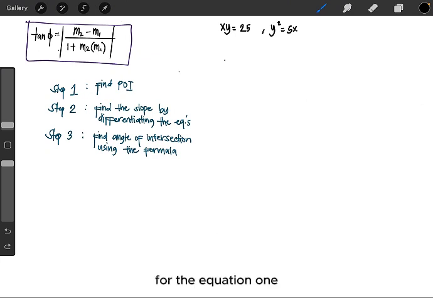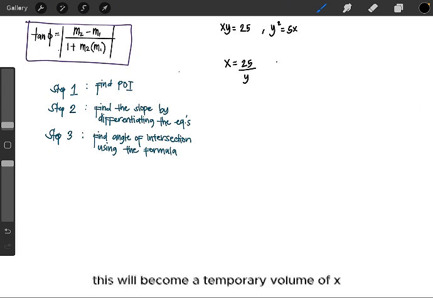For equation 1, we can rewrite it as x is equal to 25 over y. This will become a temporary value of x. We can substitute this value to the second equation to find the values of x and y.